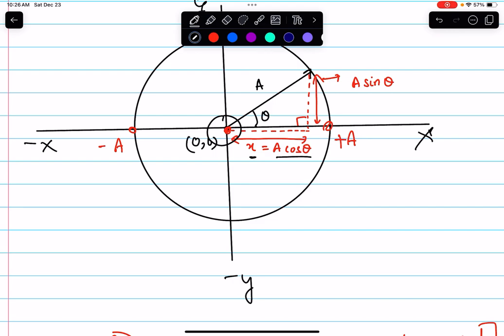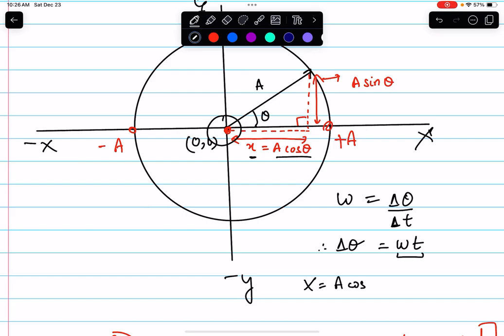The very interesting part over here is that we know that the angular velocity omega is the change in theta by change in time. And so we can say that the change in theta is equal to omega times t. So if you find the instantaneous x displacement, then x is just A cosine of theta, which is A cosine of omega t.